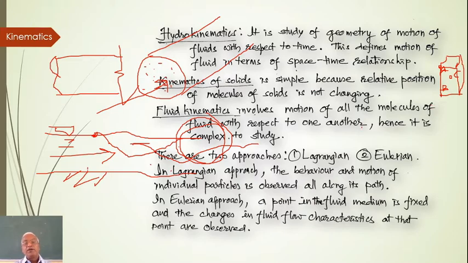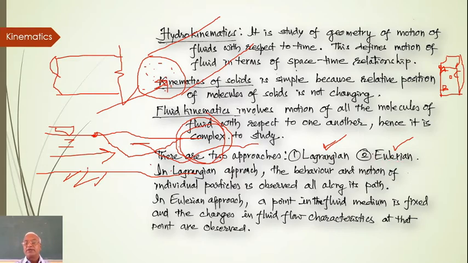Okay, now there are two approaches for study. Now what are the approaches? These are represented by the names of the people. One is called Lagrange. You might have come across this name in mathematics. So it is called the Lagrangian approach. Another one is called Euler, E-U-L-E-R.